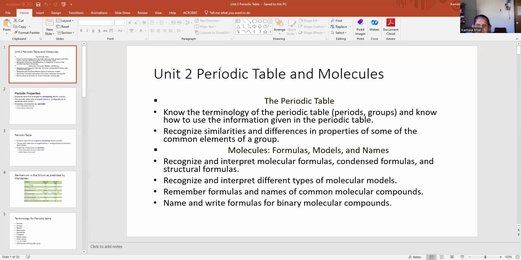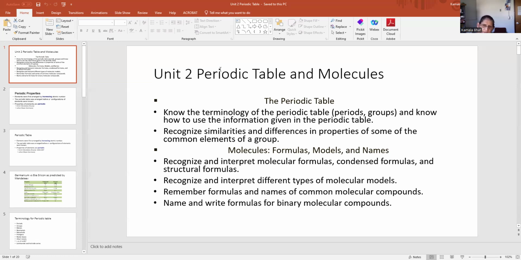We have to recognize and interpret molecular formula, differentiate between the various types of formula: molecular formula, condensed formula, and structural formula. Recognize and interpret different types of molecular models, remember formulas and names of common molecular compounds, name and write formula for binary compounds.